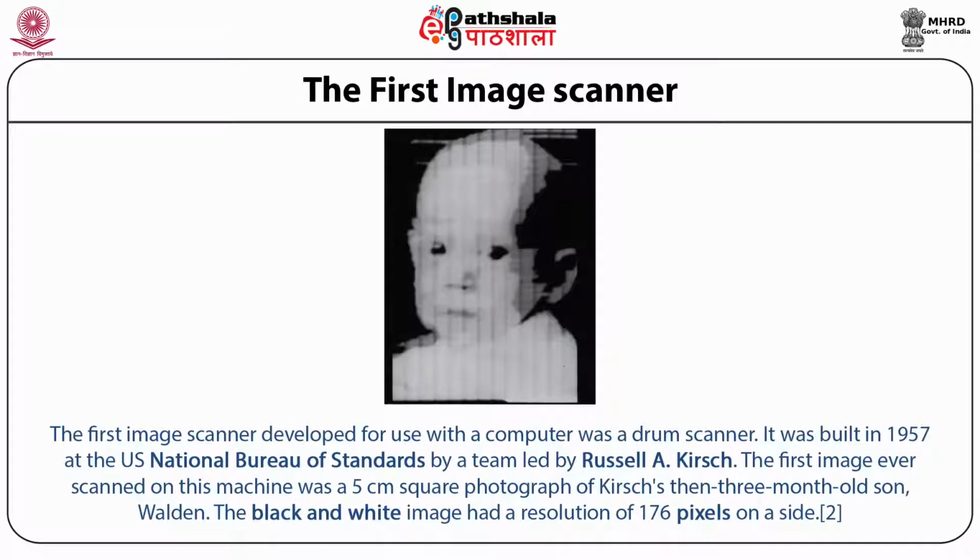It was built in 1957 at the US National Bureau of Standards by a team led by Russell A. Kirsch. The first image scanned on this machine was a 5 cm square photograph of Kirsch's 3-month-old son Walden. The black and white image had a resolution of 176 pixels on a side.